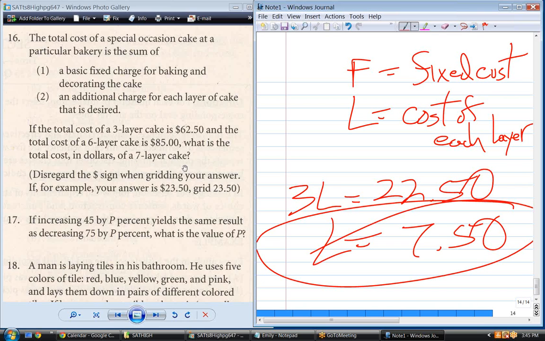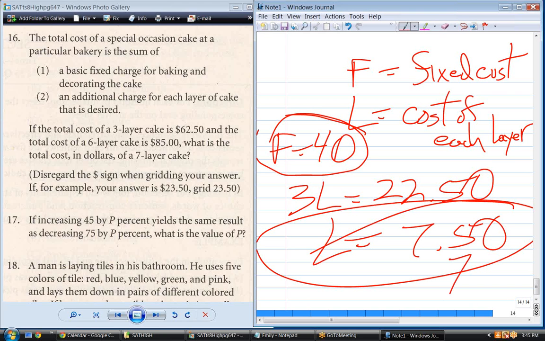So you figured out the fixed cost also. How'd you do that? So you said 3 layers cost $22.50, so the fixed cost must be $40. Because we need that fixed cost, because now we're going to multiply 7 times $7.50, but we have to add 40 to it. What'd you do?